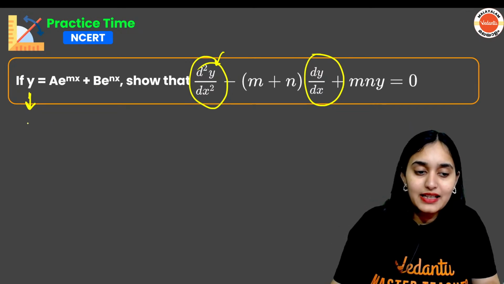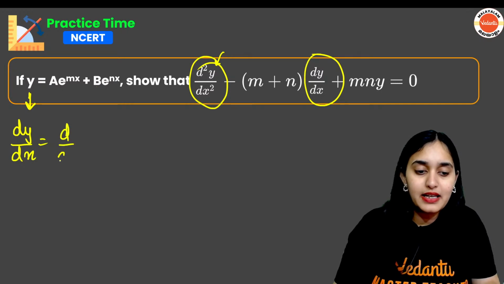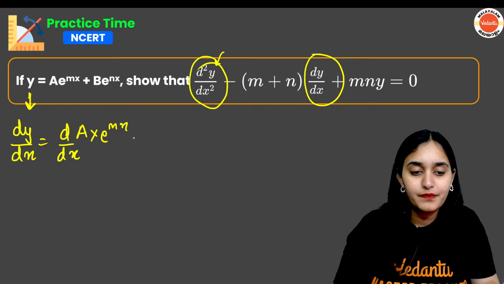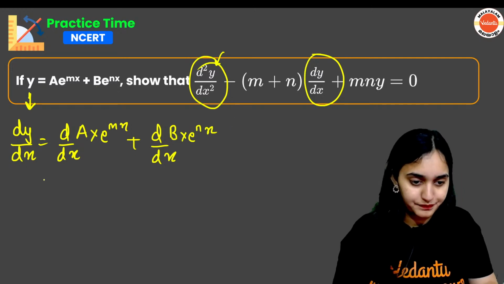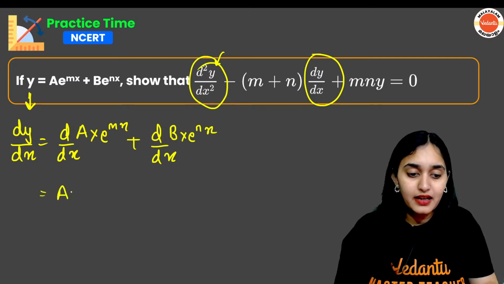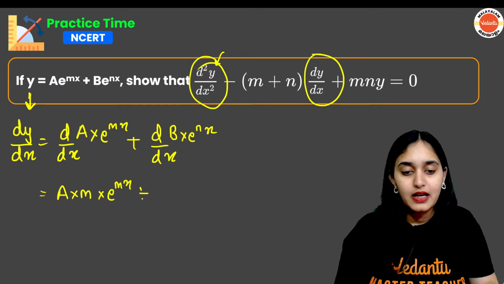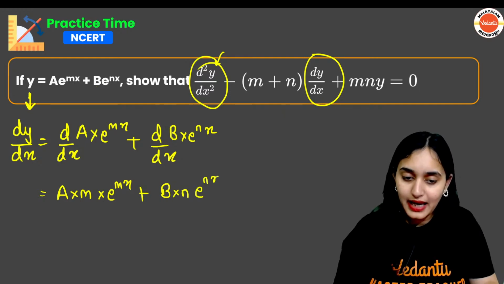So if y is this, dy by dx is d by dx: differentiate a into e to the power mx plus differentiate b into e to the power nx. What do you get? We get a into m into e to the power mx plus b into n into e to the power nx.